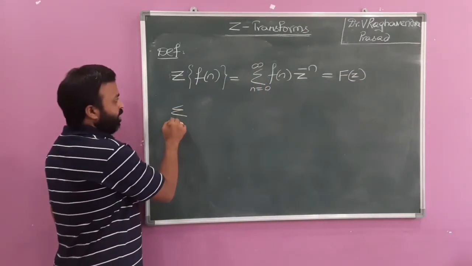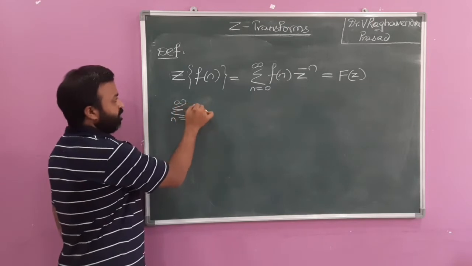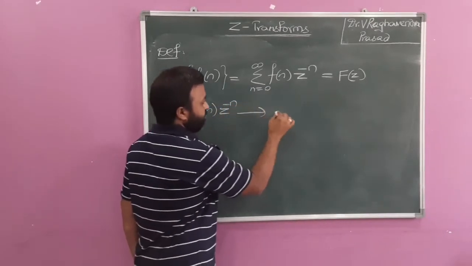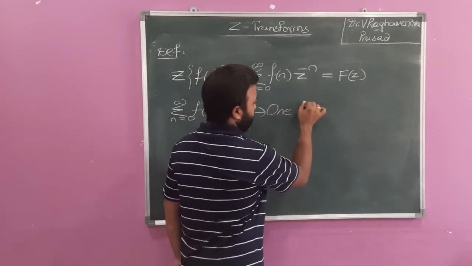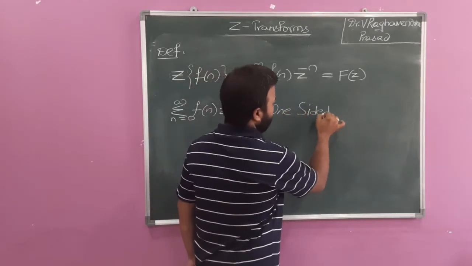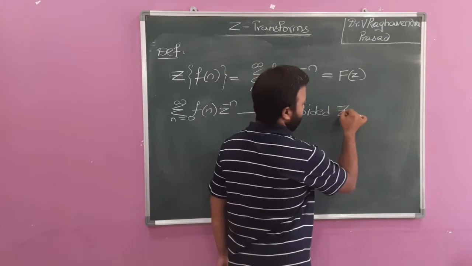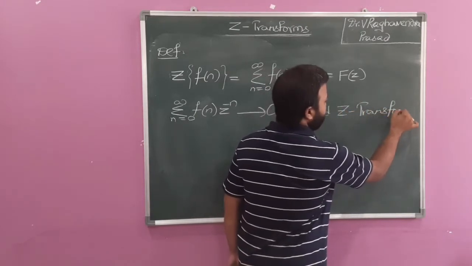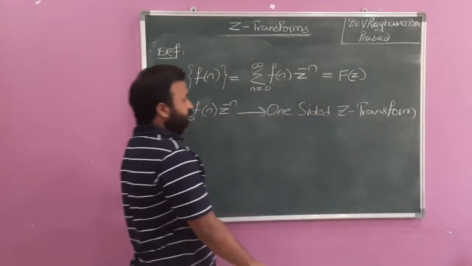Sigma n equal to 0 to infinity f of n into z power minus n is called the one-sided Z transform, if sigma starts from 0 to infinity.